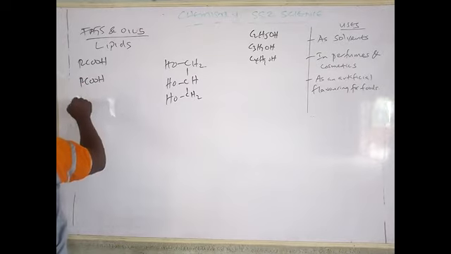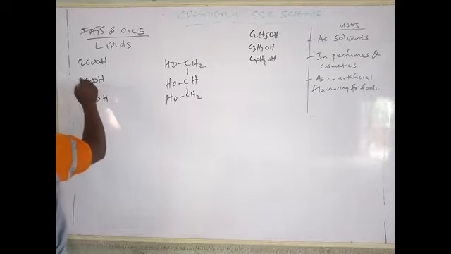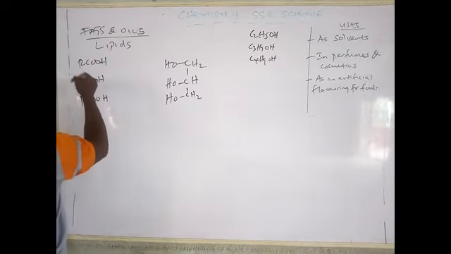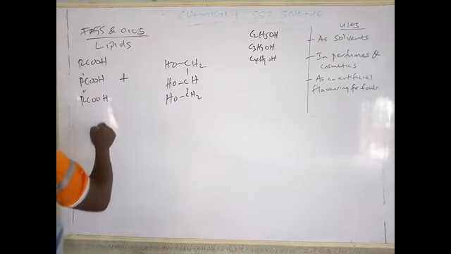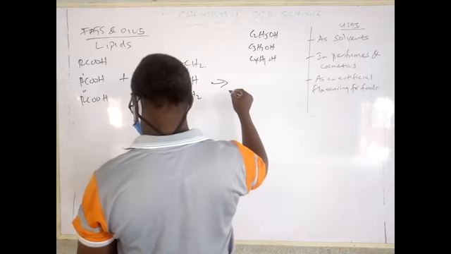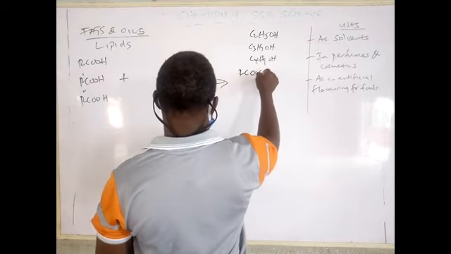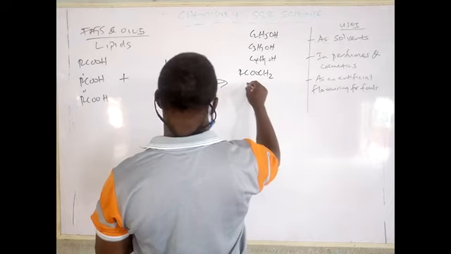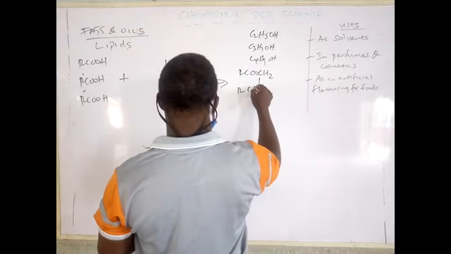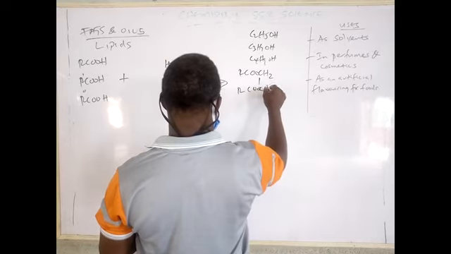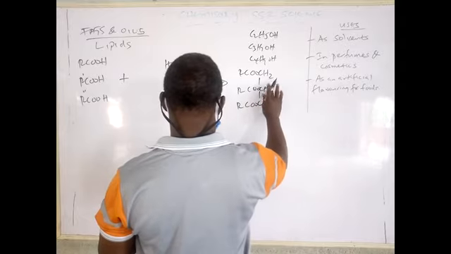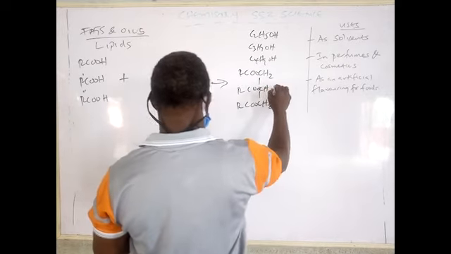Now you can write RCOOH, R prime and R prime prime, just to denote the alkyl group. So when these two react, you get your ester, RCOOCH2, and so on, plus water.